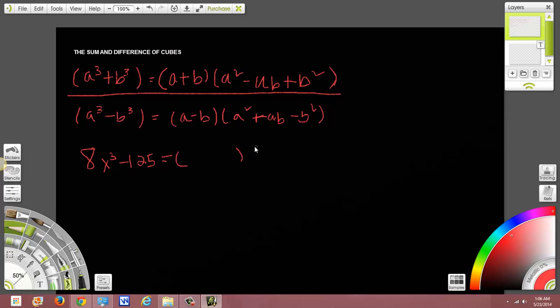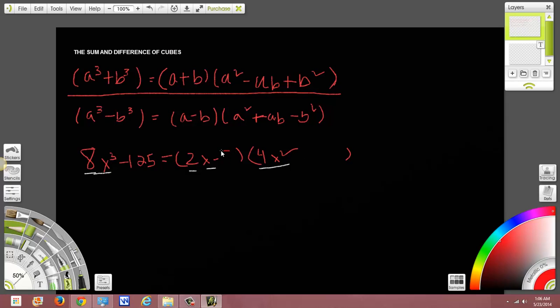This would factor to be 2x minus something, and this would be 4x squared. Why? Because take a look. 4 times 2 is 8, and x times x squared equals x cubed. So that's just a good thing to do.